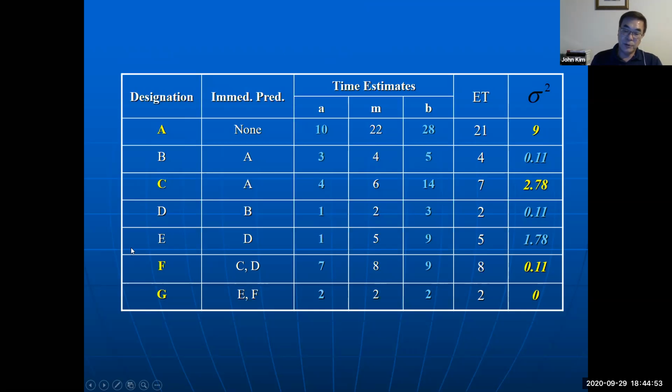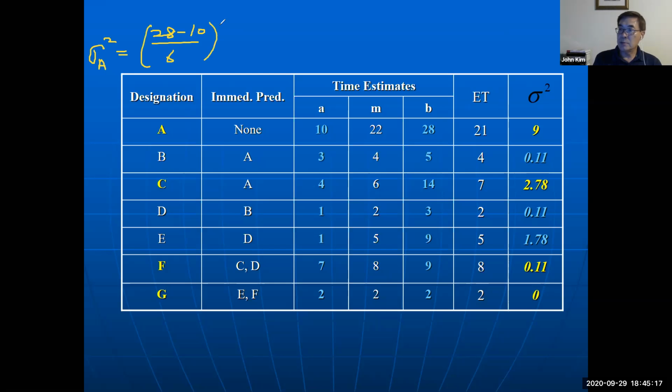So using the formula, we can calculate the variance of activity A: B is 28 minus A 10, divided by 6, squared, equals 18 divided by 6 squared, equals 3 squared, equals 9.